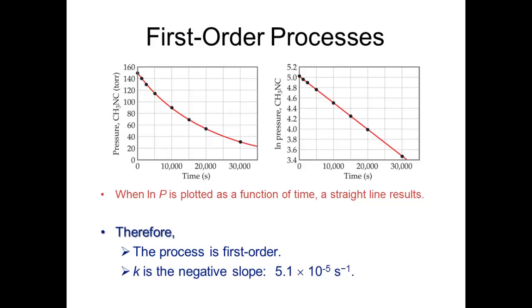Now, what is unique to first order processes is that if you were to take the natural log of the concentration or the pressure of this particular reactant and plot it versus time, you do get a slope that equals negative k, which is the negative rate constant. This again only occurs in first order processes and identifies it as a first order process.